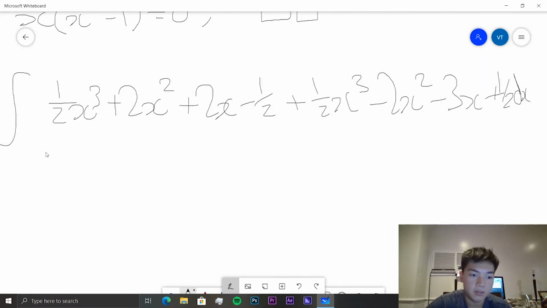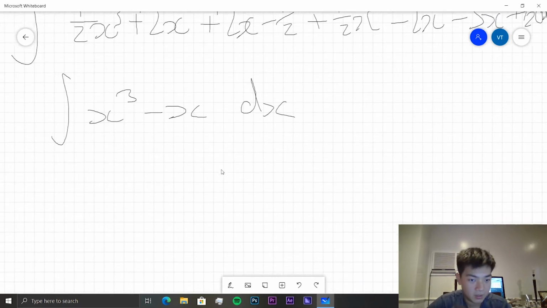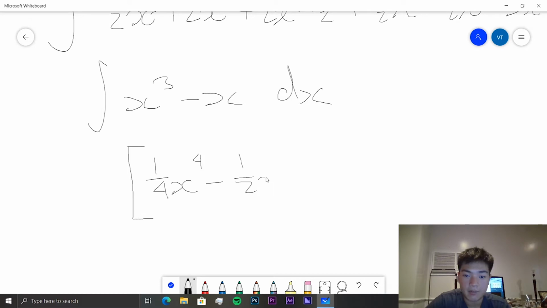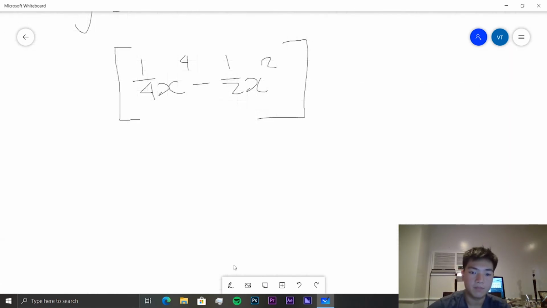So this is equal to the integral of x cubed minus x dx. So this will be equal to 1/4 x to the 4 minus 1/2 x squared. And so we need to evaluate this between negative 1 and 0, and 0 and 1.